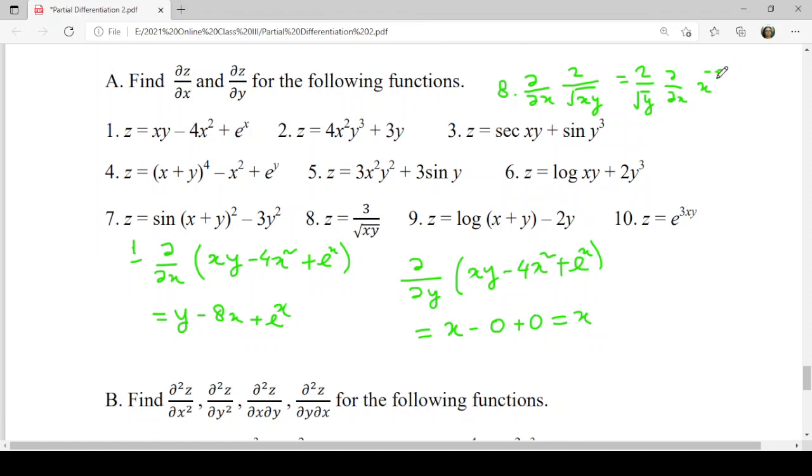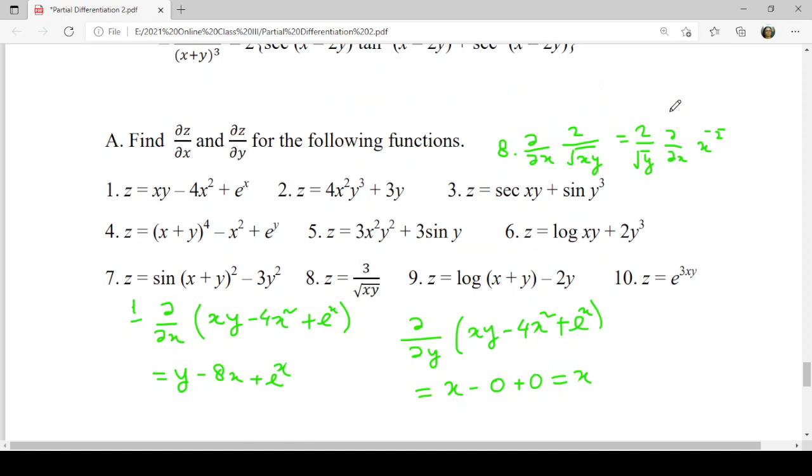Then it will be easy. So it is your 2 by root over y. Then it is minus half, then minus half minus 1. So it is minus half into x to the power minus 3 by 2. So this is your answer.